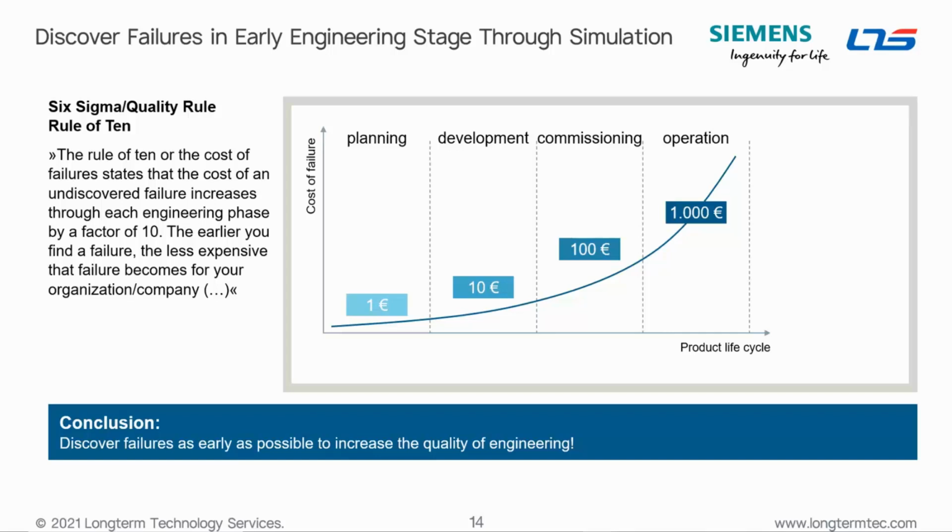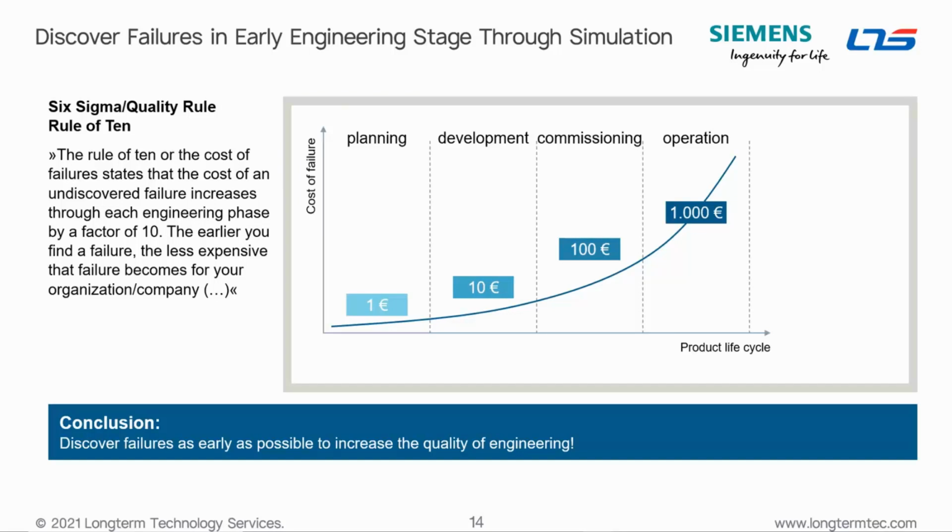Yeah, and for example, if I find a failure in the electrical wiring diagrams in an early phase, I can really wipe out that failure by 2-3 mouse clicks, right?